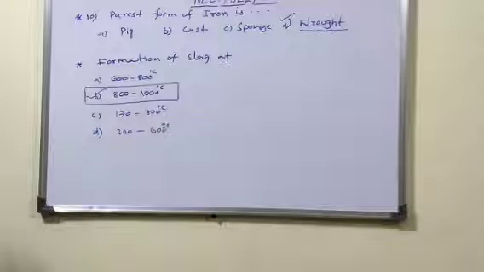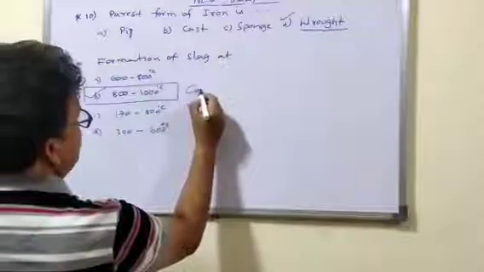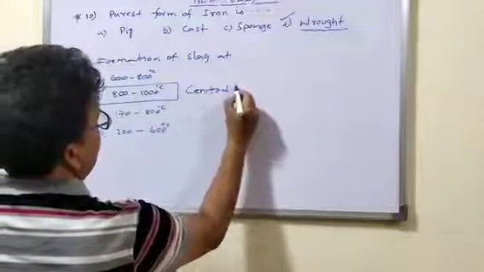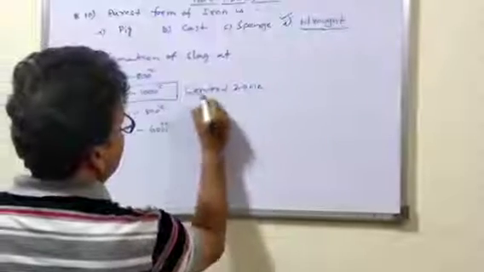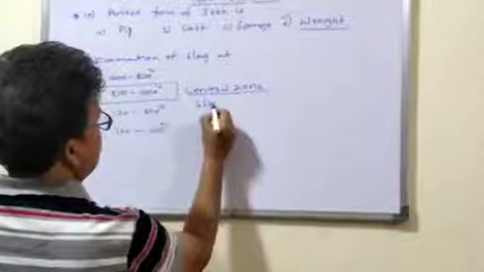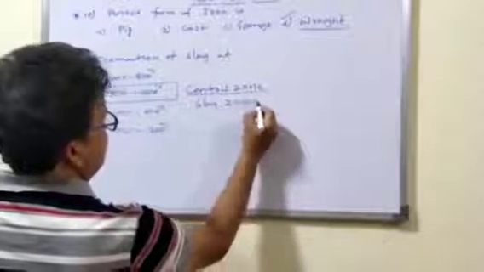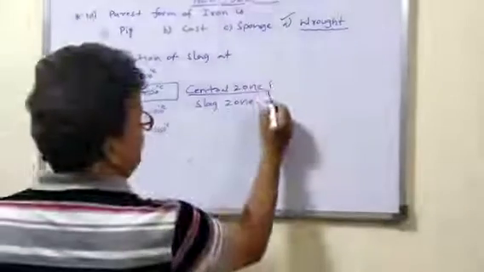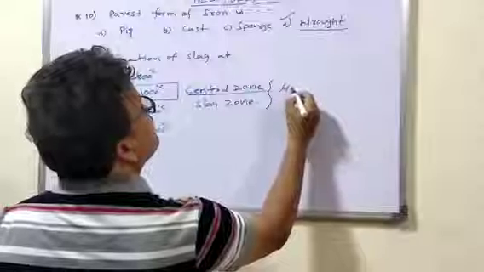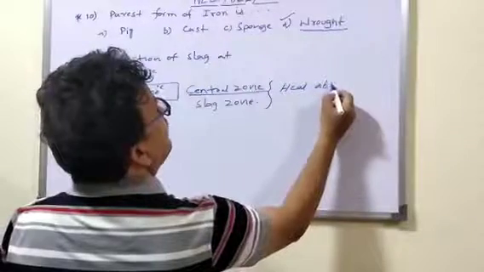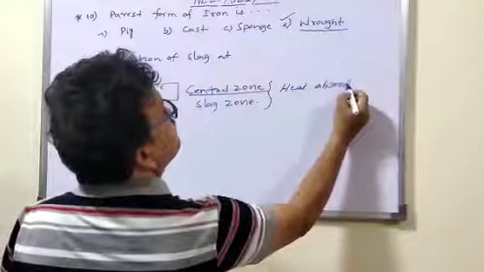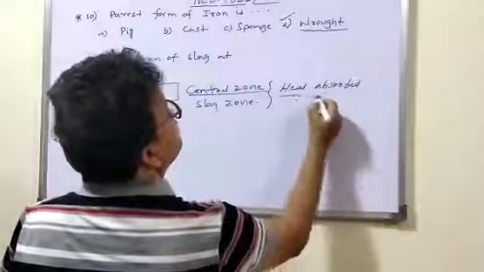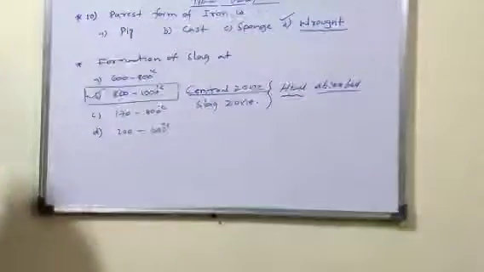This is what we call the central zone. Remember, the slag zone is called the central zone. Another name for slag zone is central zone. Here slag is going to be formed. Heat absorption will take place in the central zone.